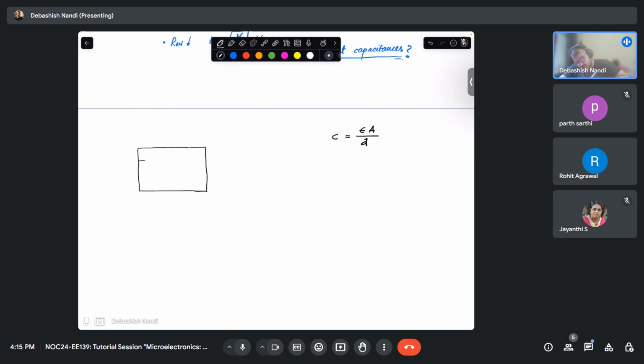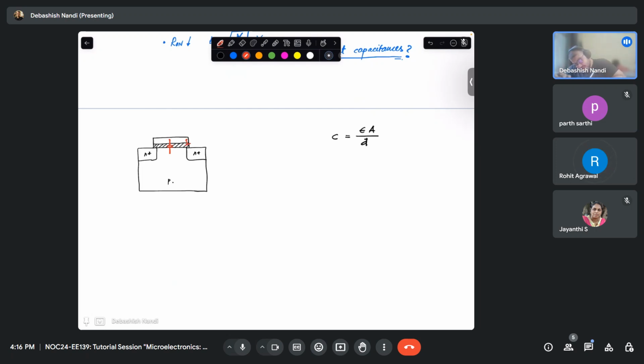So basically, this is your MOSFET. This is N plus. Let's say this is P. So you have an oxide here and you have a gate stack here. Fine. So what are the capacitances you have? This is your gate capacitance, mainly your oxide capacitance.